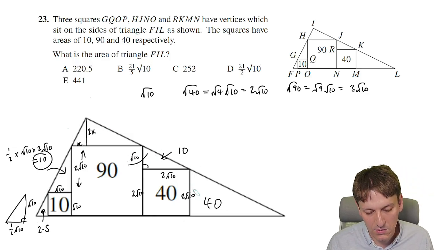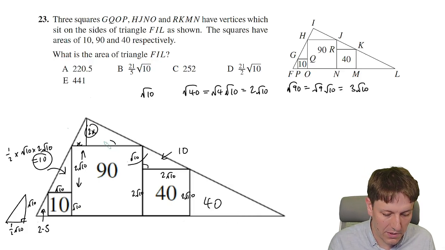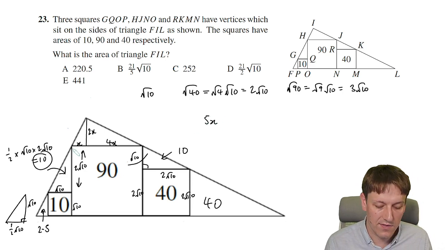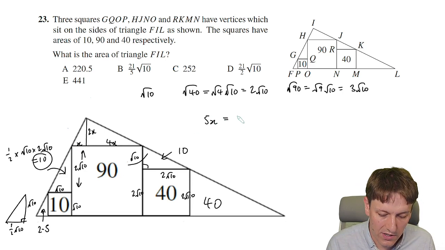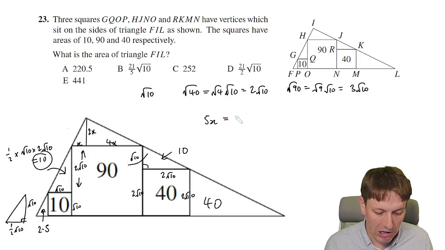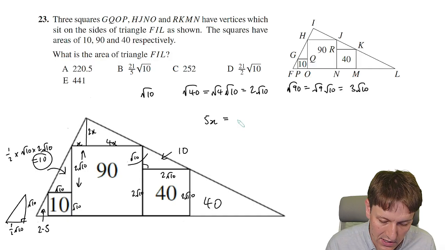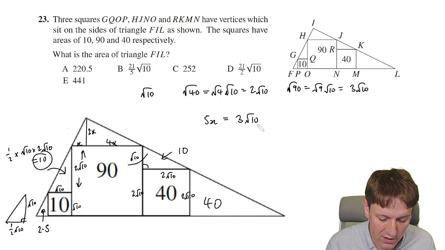I double this one to get this one, I double this one to get this one, so I must double this one to get this one, so this distance here would be 4x, right? So I actually know that 4x plus x, which is 5x, must be the square root of 90, or 3 root 10 there, because that's the side length of that square.